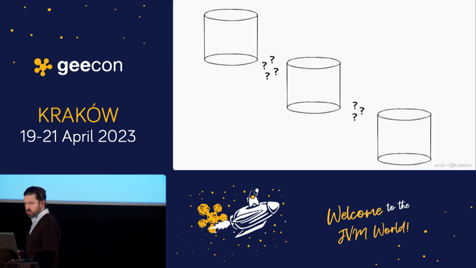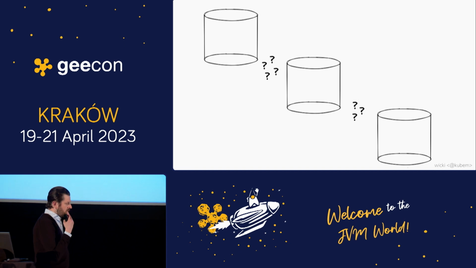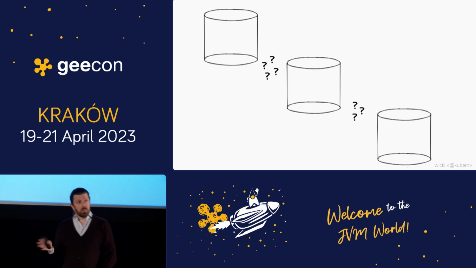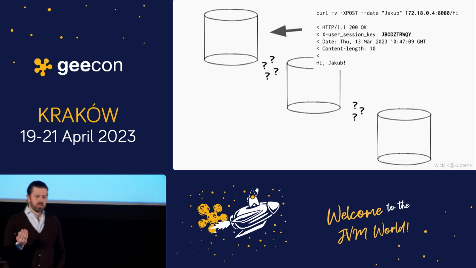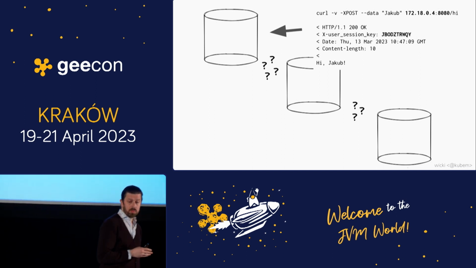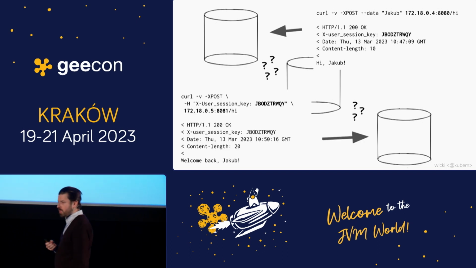So we'll have a situation where we have a couple of nodes, machines, Docker containers, call them as you want, that somehow talk to each other. And what we'll briefly do, we'll try to get to one node with some data, saying, hi, I'm Jakub. And we'll get a session key, which we'll use to get to the other node so that we can get a response back.